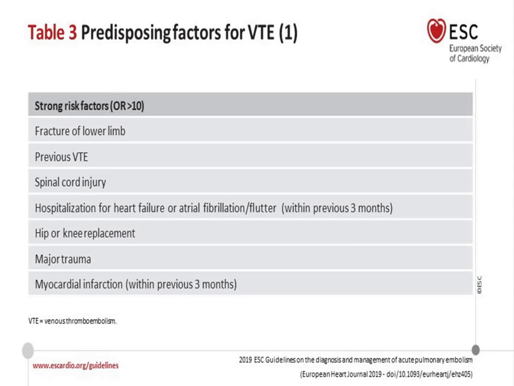Strong risk factors: fracture of lower limb, previous venous thromboembolism, spinal cord injury, hospitalization for heart failure or atrial fibrillation or flutter within previous 3 months, hip or knee replacement, major trauma, myocardial infarction within previous 3 months.